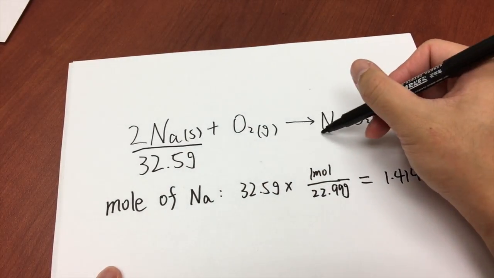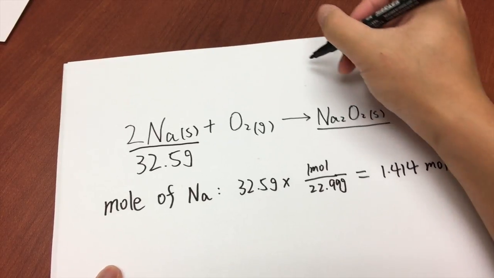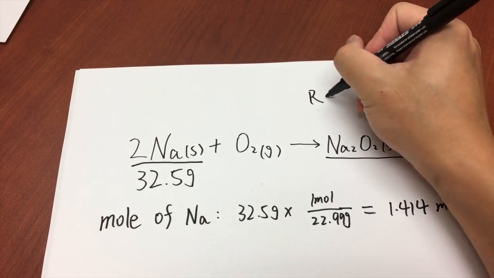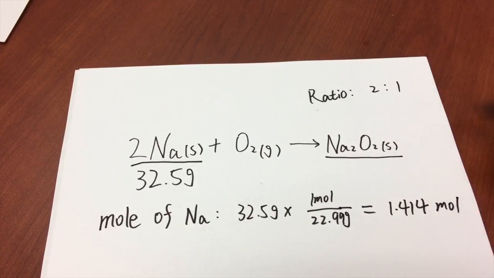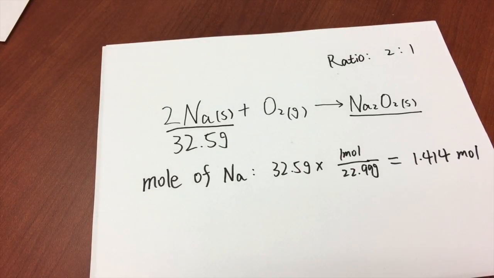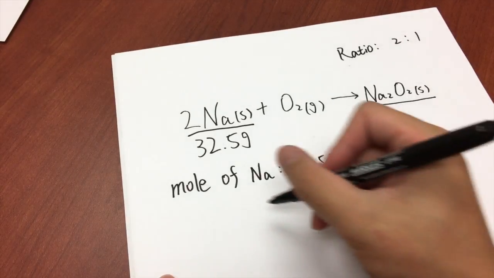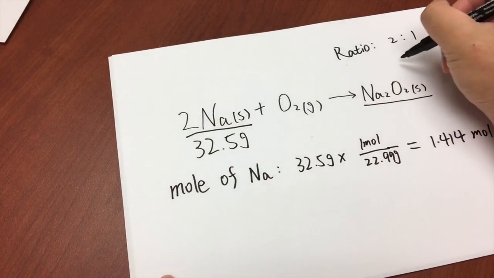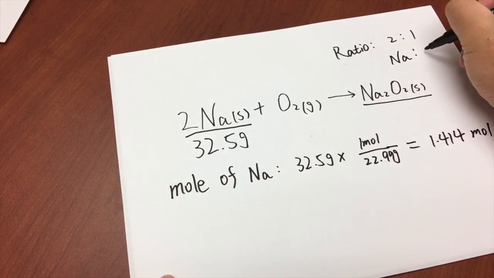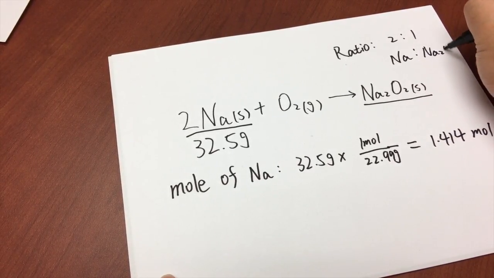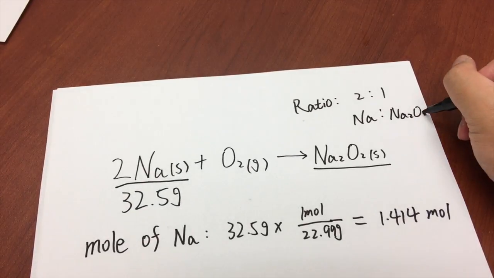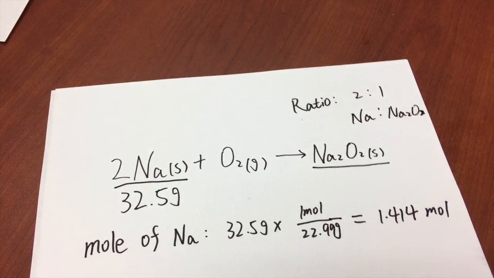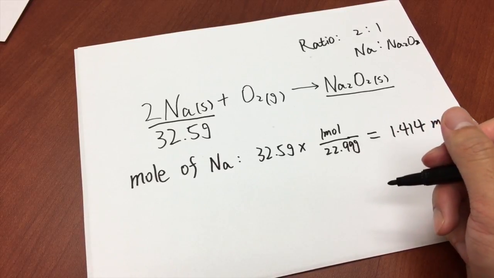And look at the stoichiometry. The ratio of the sodium and the Na2O2 is 2 to 1. So we use the stoichiometry to calculate.